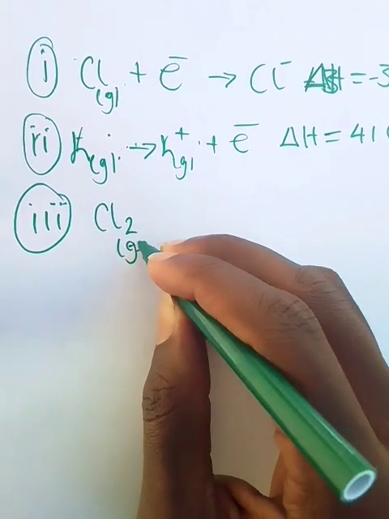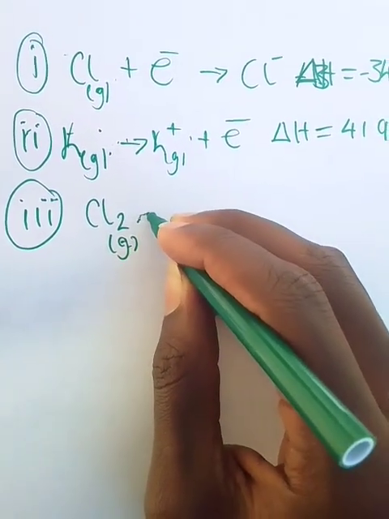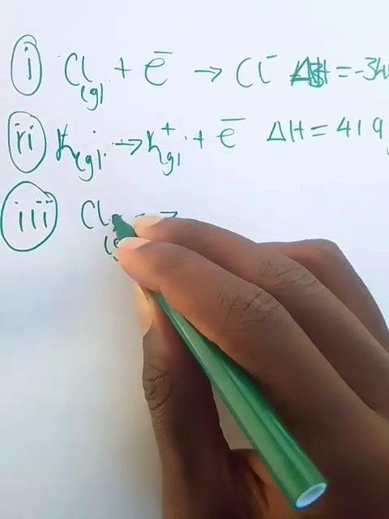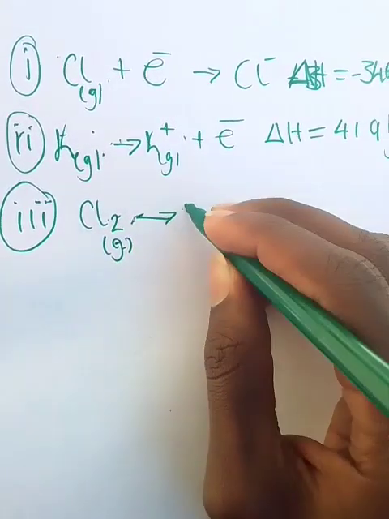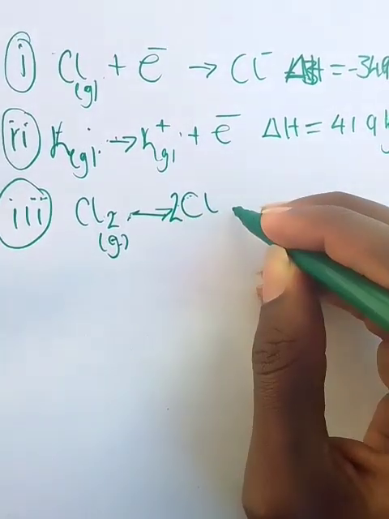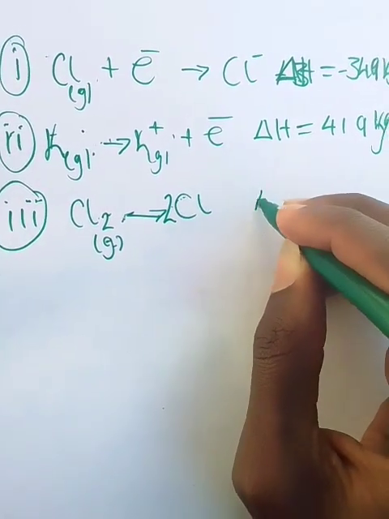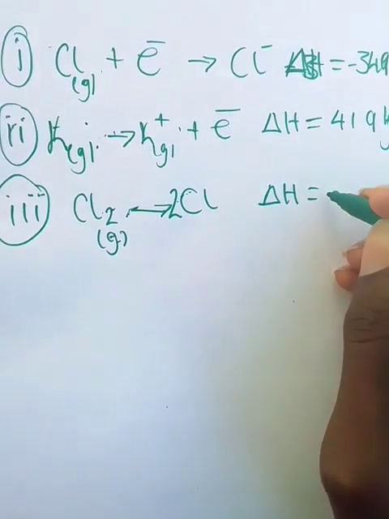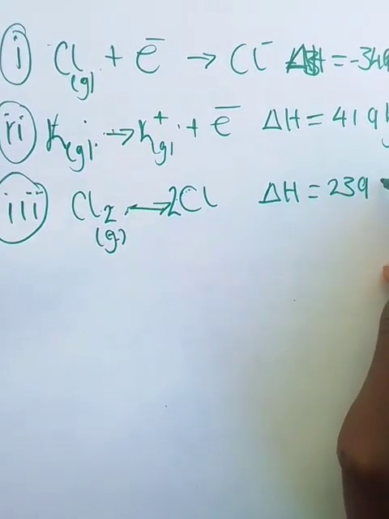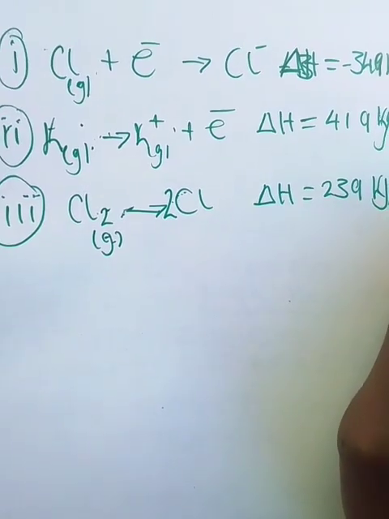If you watch the video, I've explained this. Gaseous Cl2, when the bond between chlorine and chlorine dissociates, I'll get just two chlorine atoms, right? And the energy given for this one is 239 kilojoules per mole.